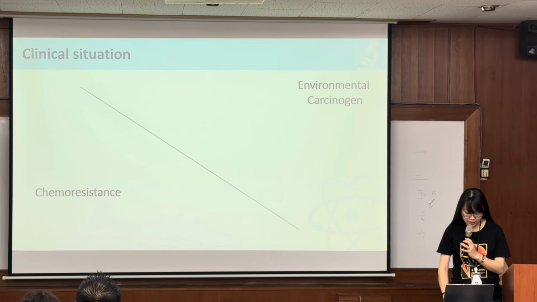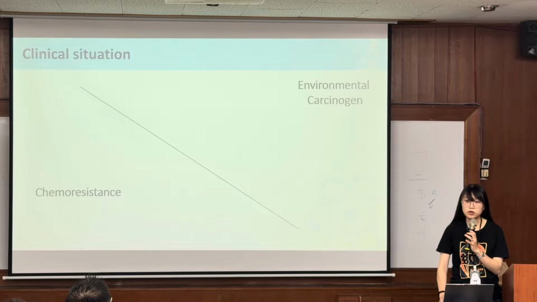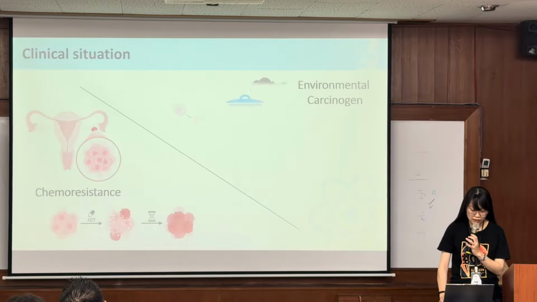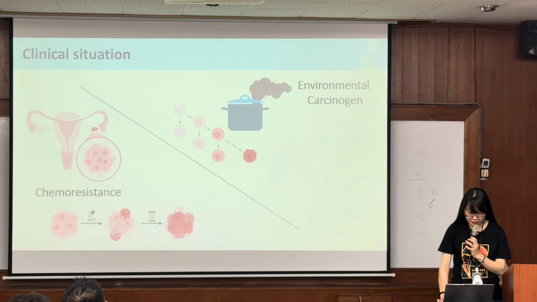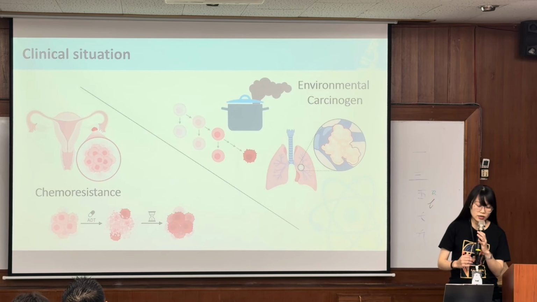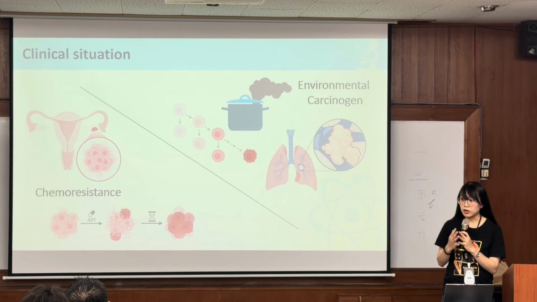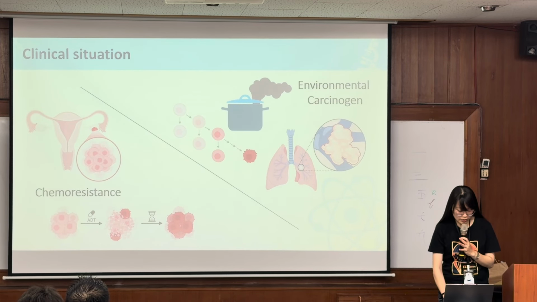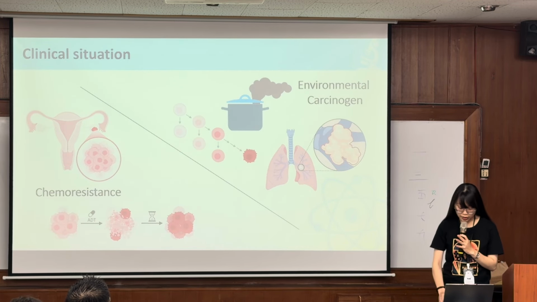Now we try to understand how environmental carcinogens work in carcinogenesis, like cooking oil fumes and how they induce lung cancer. The second part is that we want to know how cancer overcomes the stress of chemicals, like chemoresistance, and what the underlying mechanism of chemoresistance is, which is our focus project now.